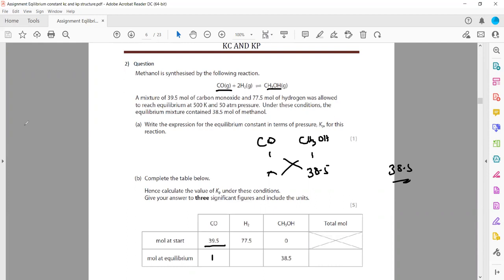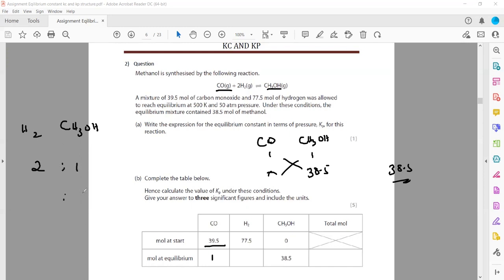Then we have hydrogen. We can also take methanol and hydrogen. It's up to you, you can take any of them. Because the methanol moles are given, I'm taking those. So methanol and hydrogen, according to the equation, the ratio is 2:1.